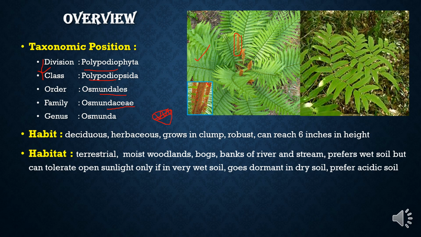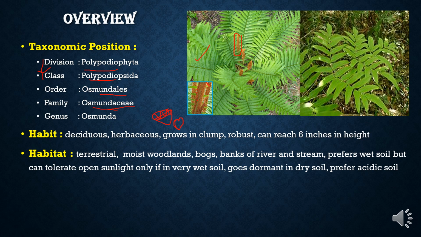They dehisce by splitting at the top, and the spores are liberated. On liberation, the spores germinate to form a green cordate gametophyte that lies over the surface of the soil. The ectophloic siphonostele is also a characteristic feature of Osmundales.